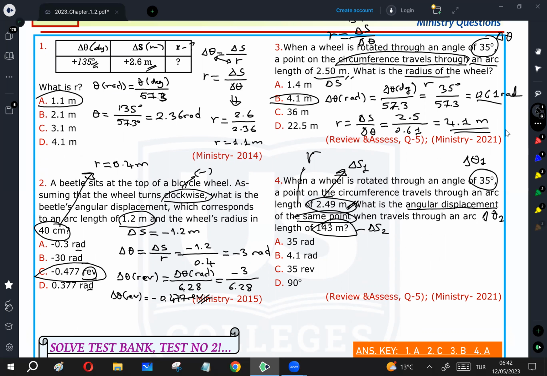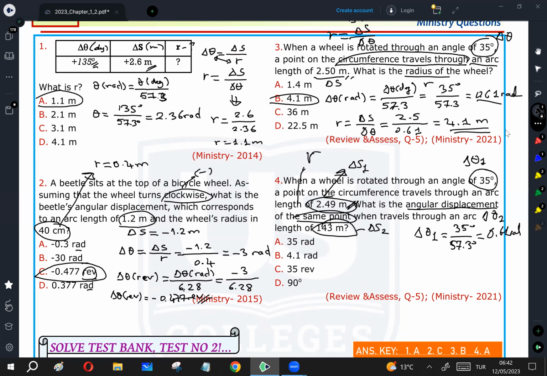R is going to be: first calculate delta theta 1 in radians. 35 degrees divided by 57.3, which we calculated in question 3, is equal to 0.61 radian.